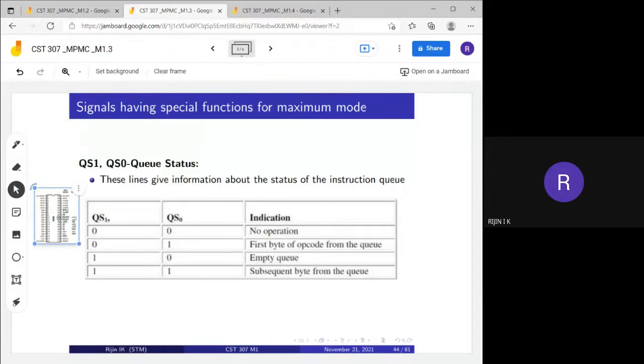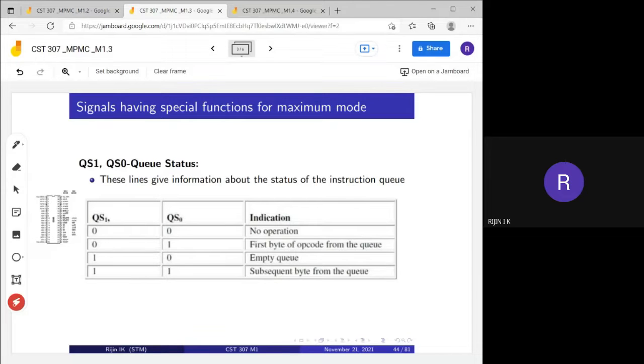So the first one is QS1, QS0, that is the Q status pin. As we know, in an 8086 processor there is an instruction queue, a 6-byte instruction queue, for storing instructions, which we call a pre-decoded instruction queue.